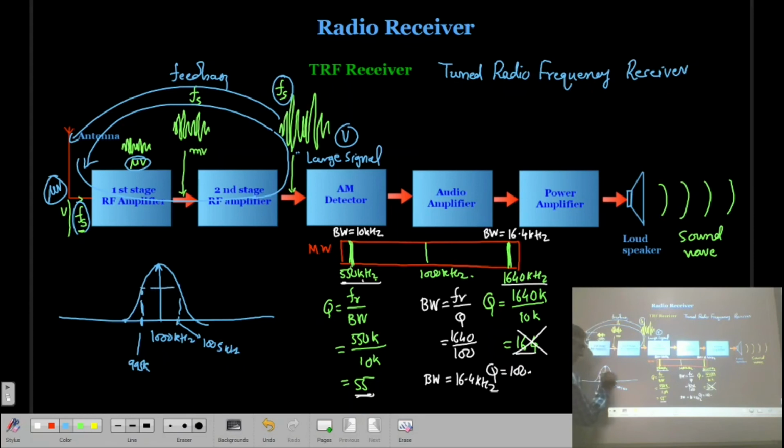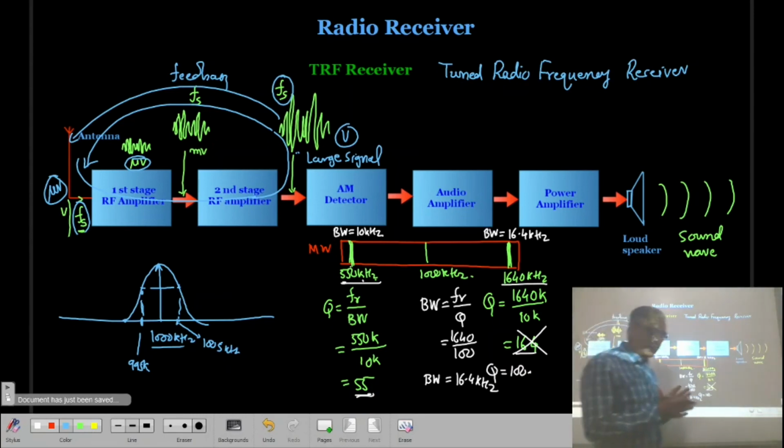And this is my bandwidth, 10 kilohertz. Now, here, what will be the next station? Suppose one of the stations is at 1000 kilohertz.